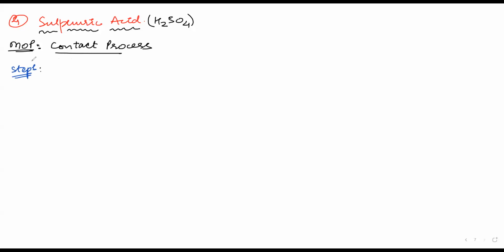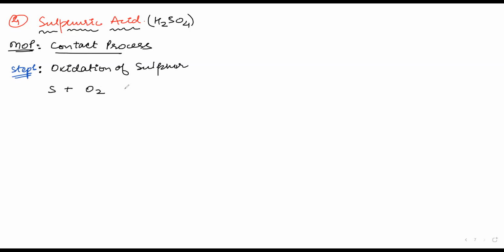No one remembers nitric acid preparation. HNO3, Ostwald process, 3 steps. The first step is oxidation of sulfur. You are not reading. Read daily, then only you will remember.